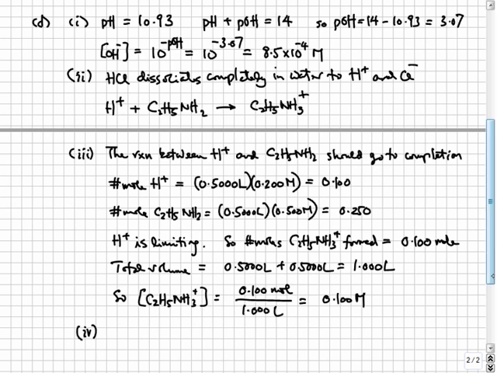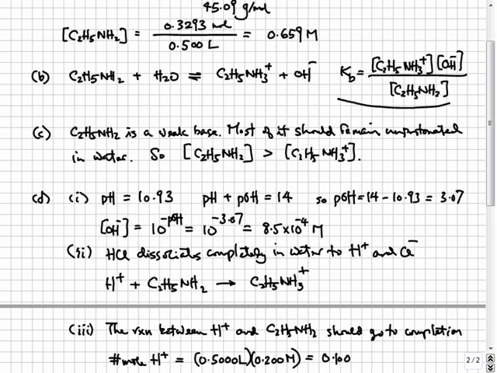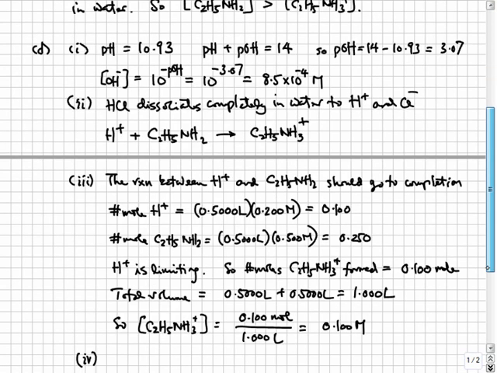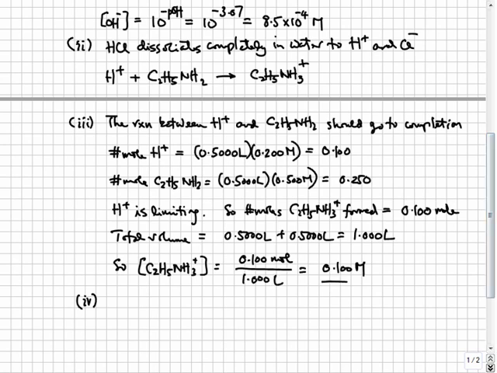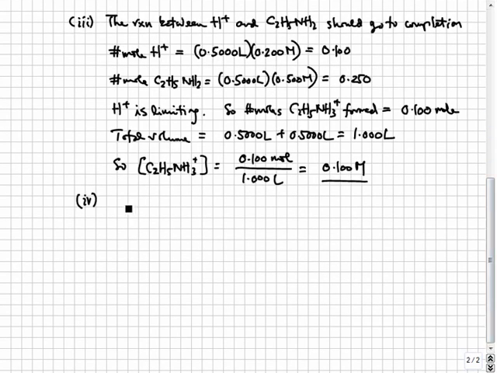To calculate the value of Kb, we have the values of OH- concentration from part 1 and the C2H5NH3+ concentration from part 3. So we will need the concentration of C2H5NH2. From the reaction, the number of moles of C2H5NH2 left is 0.250 mole minus 0.100 equals 0.150 mole.